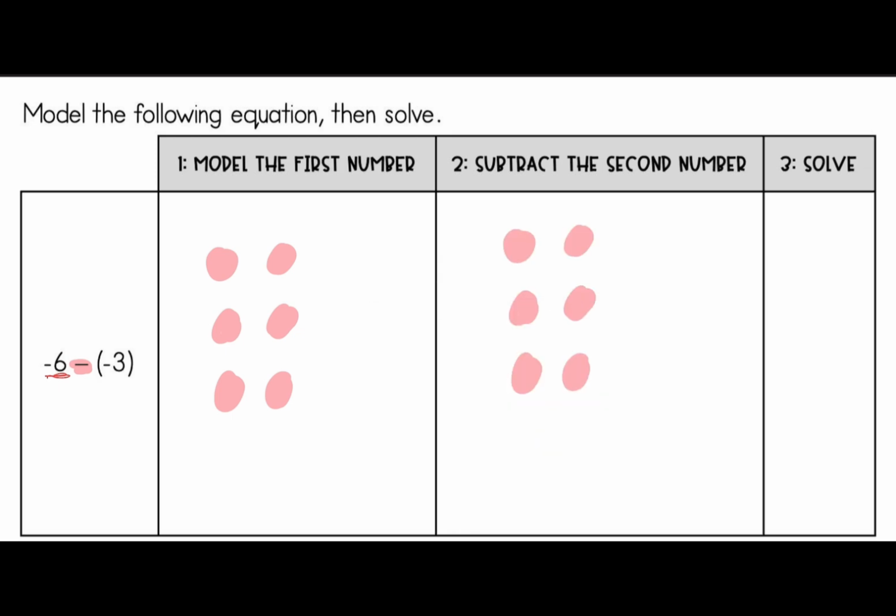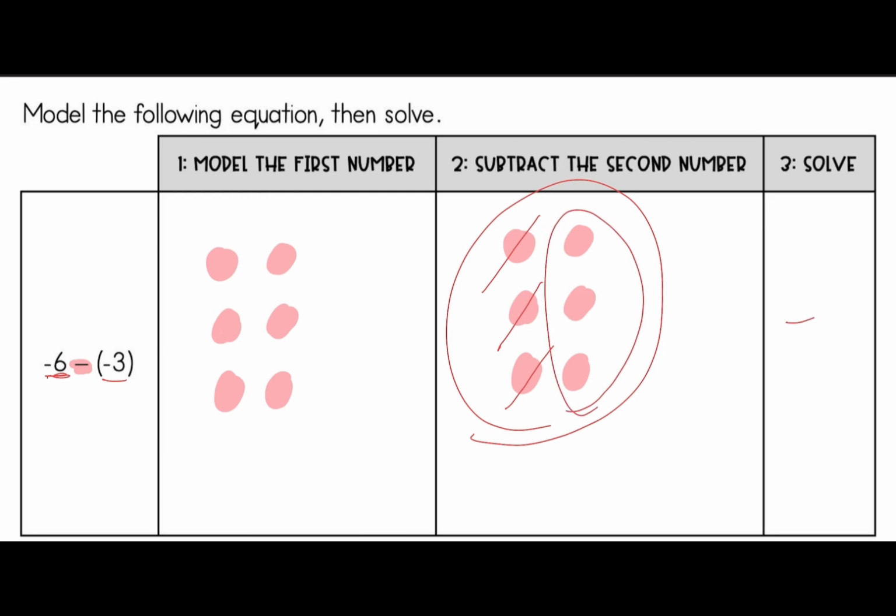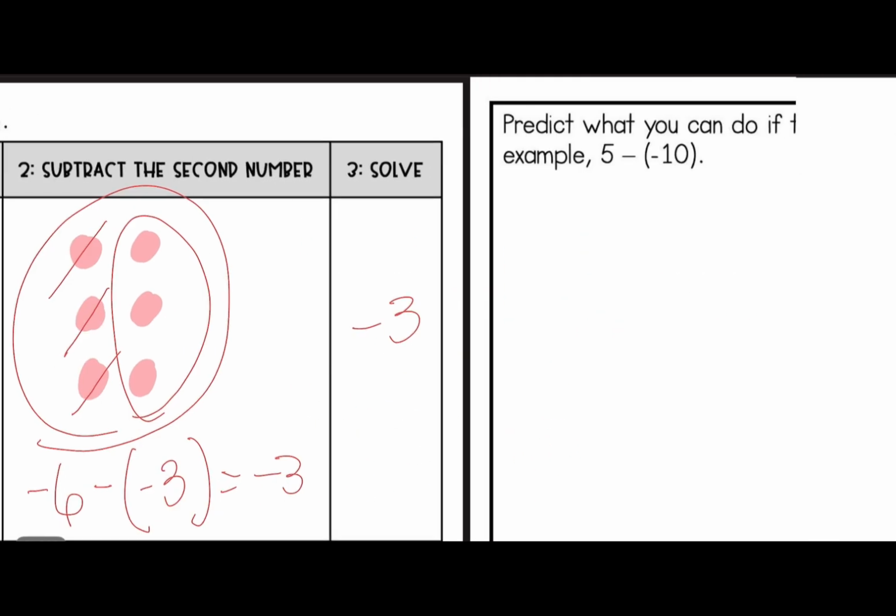And I am subtracting -3. Do I have -3 to take away from this? Yes, because I only have negatives. So I'm taking those away. And then what am I left with? -3. So that means that -6 minus -3 equals -3. That's what all of this says.